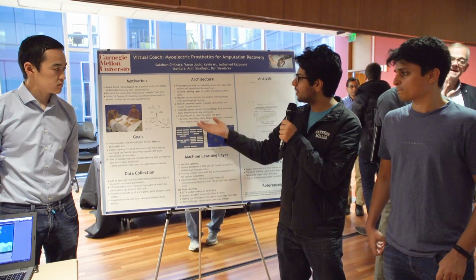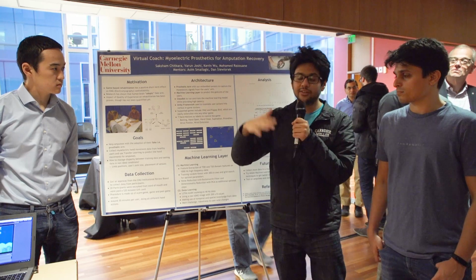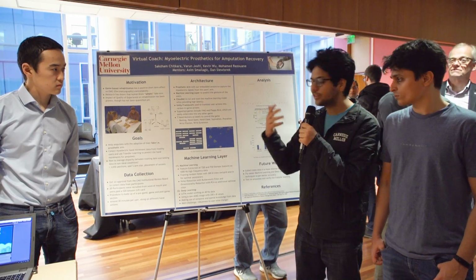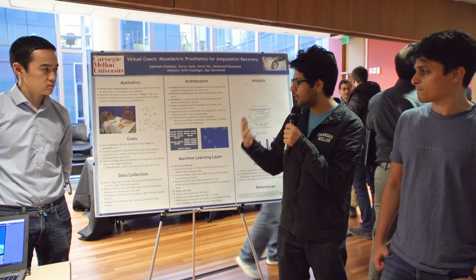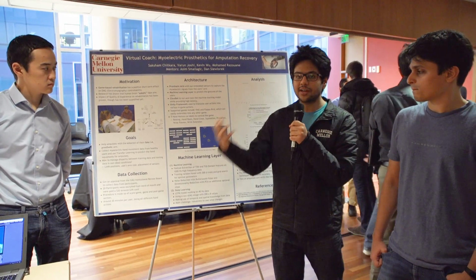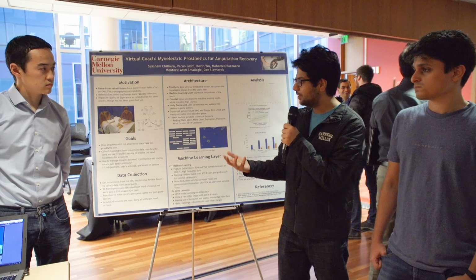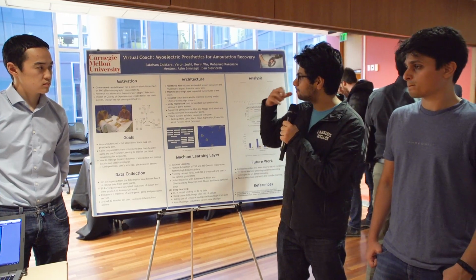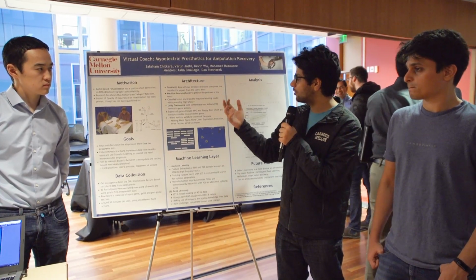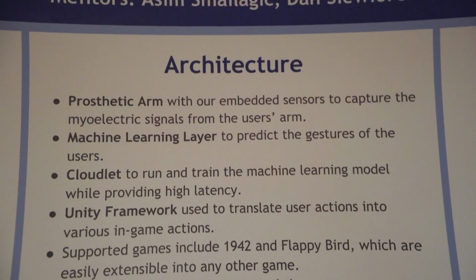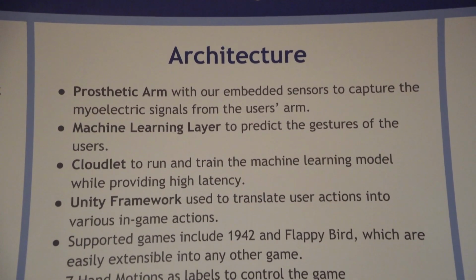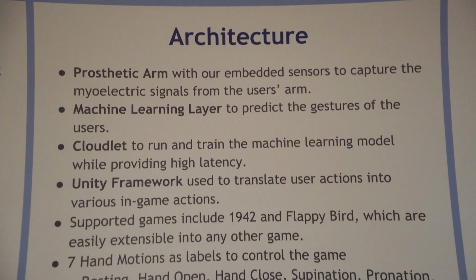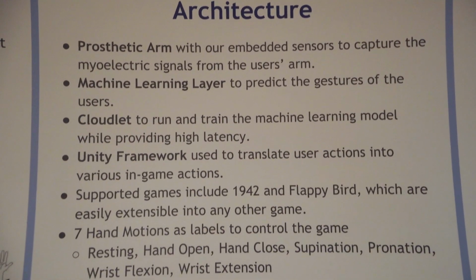We are testing on 7 gestures, including wrist flexion and wrist extension, and we are detecting that using our model. We started by collecting a data set from 20 users, and our basic architecture includes the prosthetic sensors which the users would wear. We would test it on healthy users and hopefully use transfer learning to help amputees with their actions.